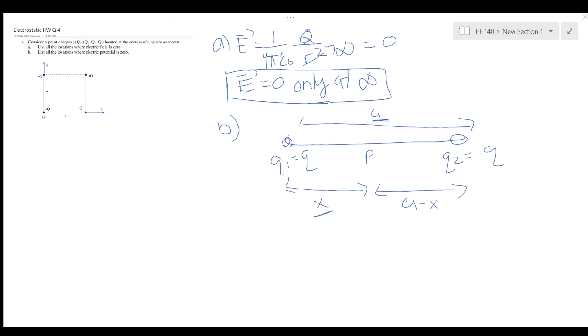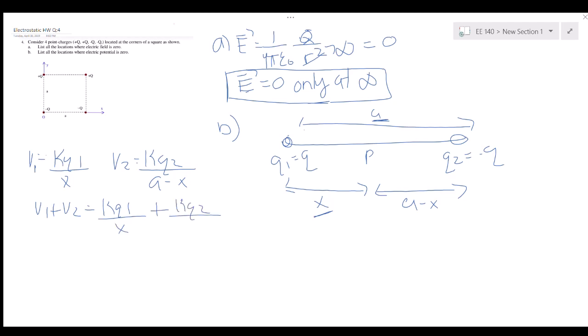So the potential due to a charge is V1 equals KQ1 over x, and the potential due to the second charge is KQ2 over A minus x. V1 plus V2 is equal to KQ1 over x plus KQ2 over A minus x.